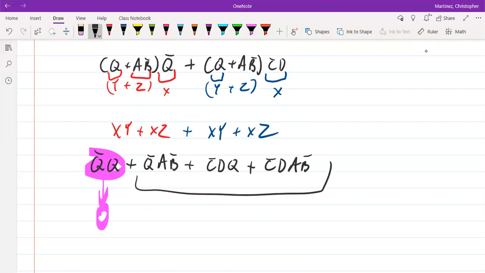So I'm going to take this expression and clean it up by putting stuff in alphabetical order. I have a b bar q plus c bar d q plus a b bar c bar d.